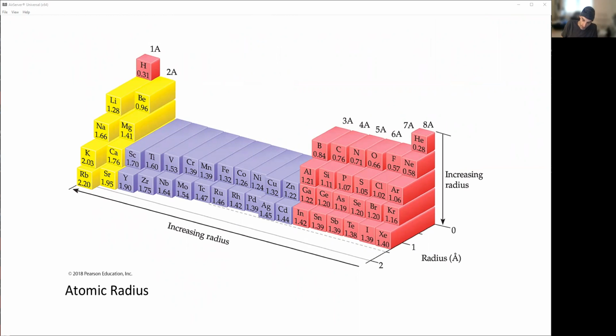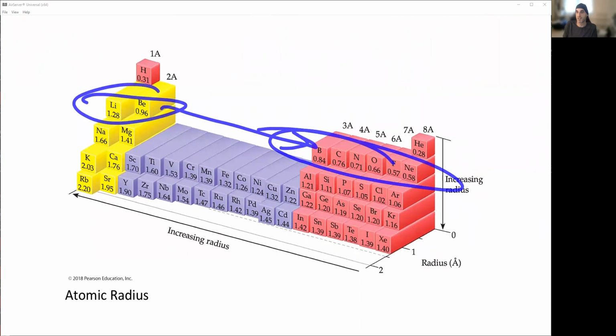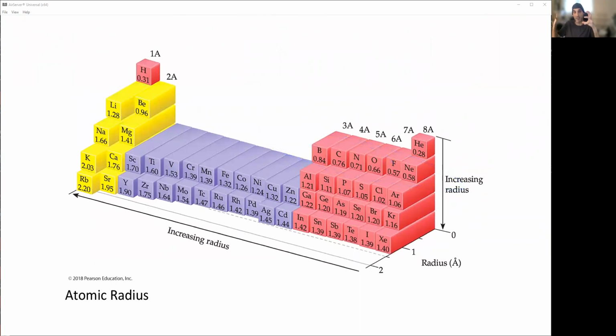If I look along this row, lithium, beryllium, boron, as we move from left to right, we're seeing a decrease in size, because Z effective is getting larger. A larger Z effective means it's pulling those electrons closer and closer to the nucleus. So that's the importance of Z effective. We'll leave it here and the next video is going to start here.